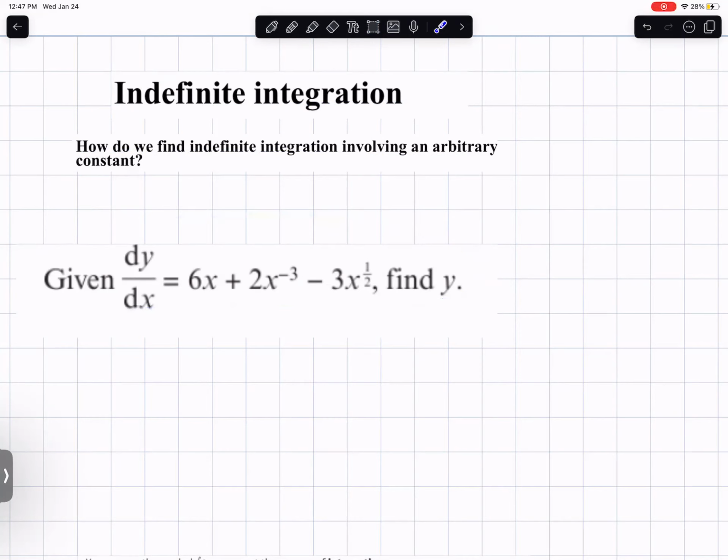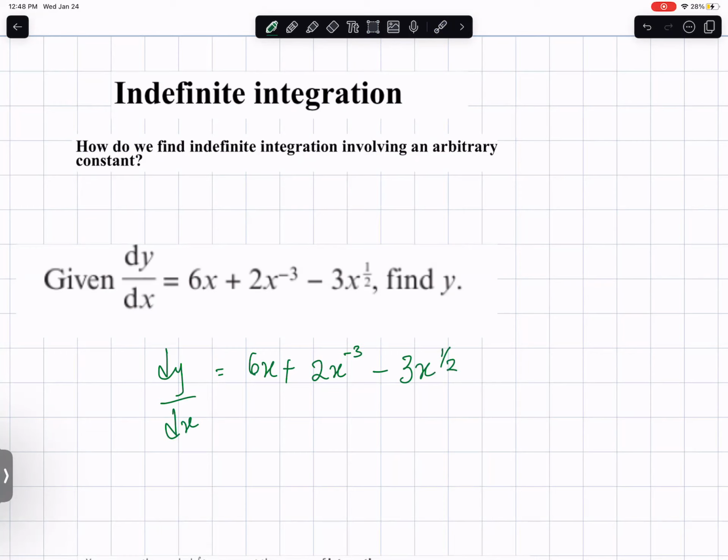Okay, with our idea of integration, I just want us to go back and refresh our memory with this example on integration. Given dy/dx equals 6x plus 2x^-3 minus 3x^(1/2), we are finding y.